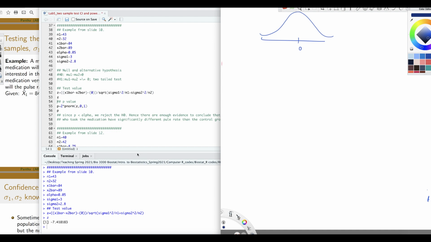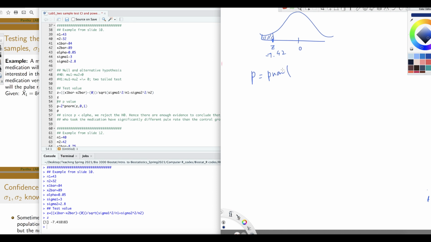But since you are using the p-value method, you don't have to shade anything there. What you need to do here is that the g, the test value, is negative 7 point something, let's say negative 7.42. So you need to find the area left of that. Okay, to find the area left of that, that is the p, will be pnorm.